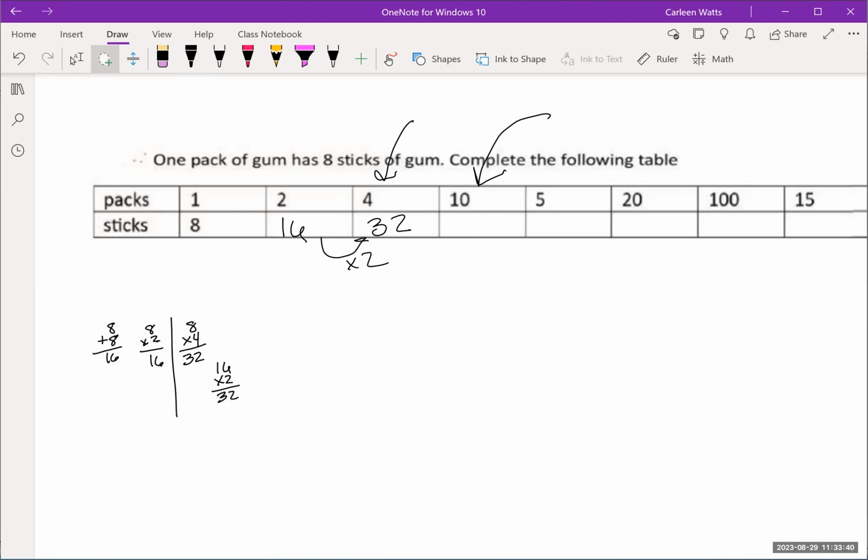Okay, so you could go 8 times 10. Or you could go 8, 8, 8, 8, 8, 8, 8, right? No one wants to do it that way.